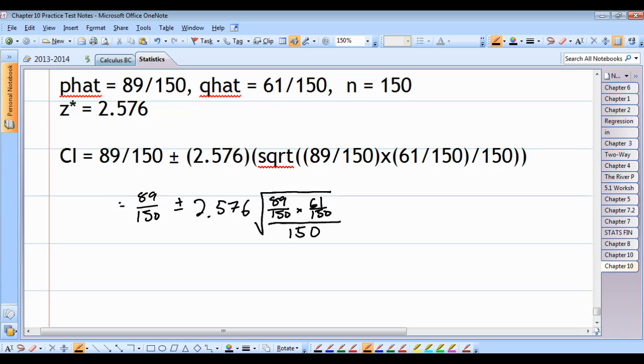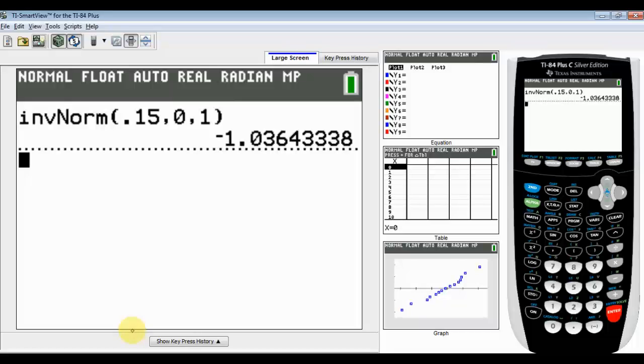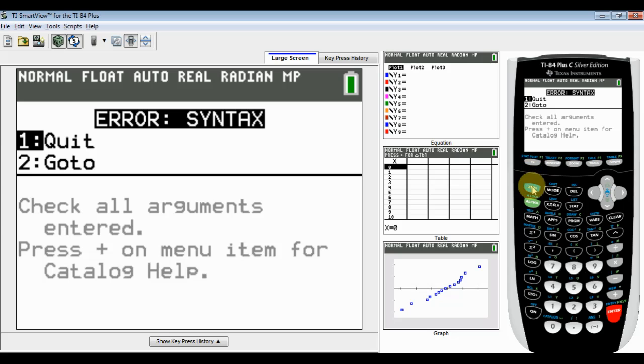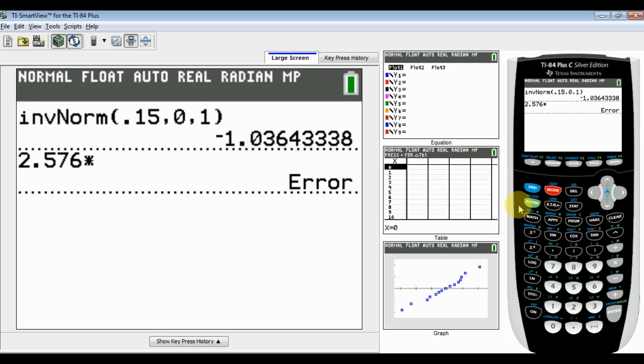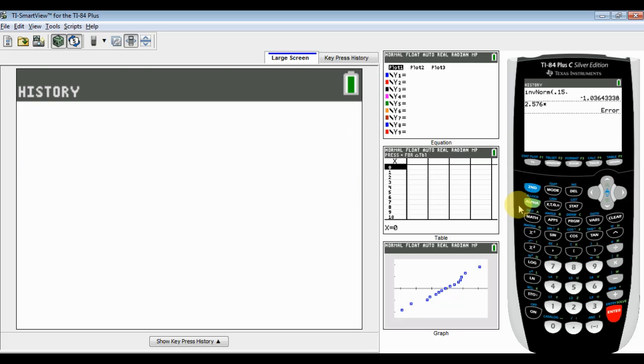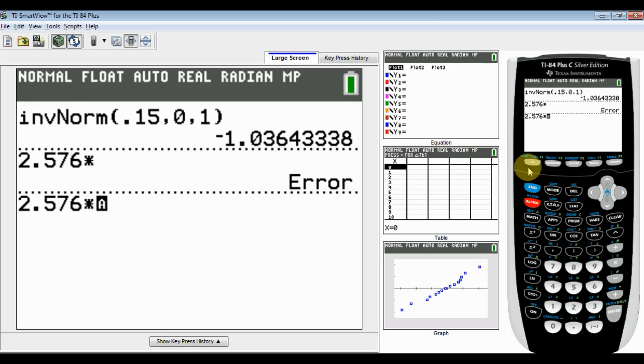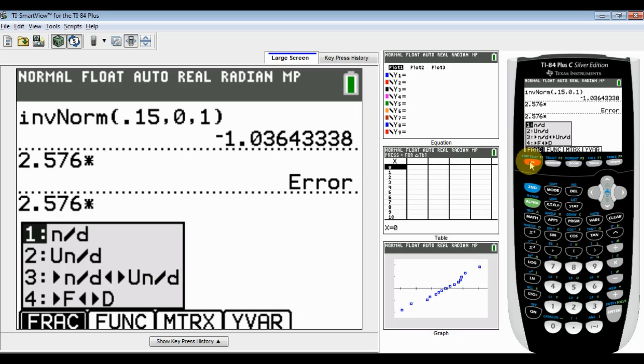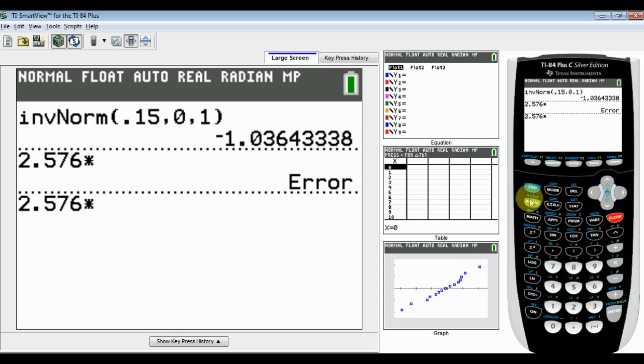Well, thank God your calculator does fractions now. 2.576 times, I hate you, calculator. No, I'm just kidding. I like you. 2.576 times the square root.